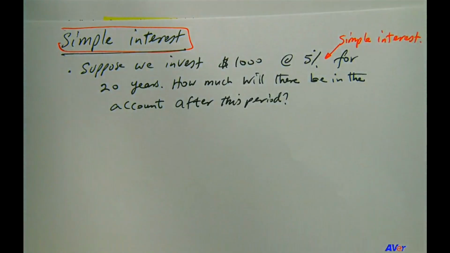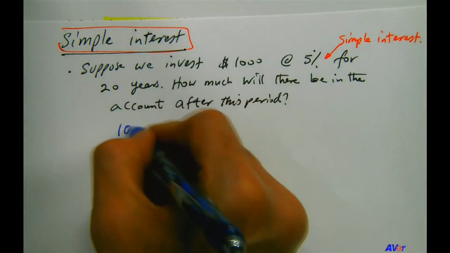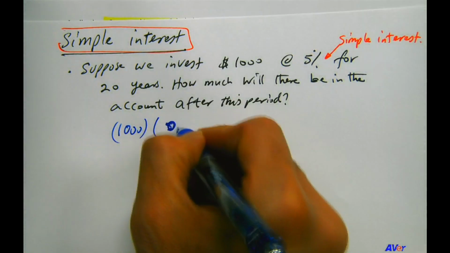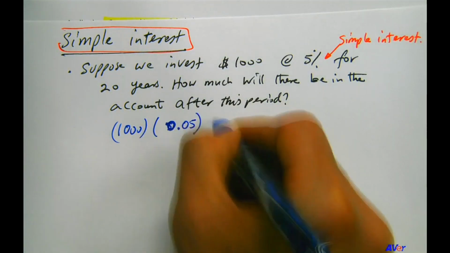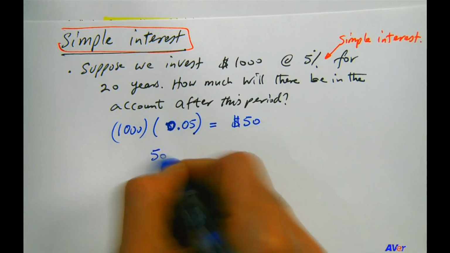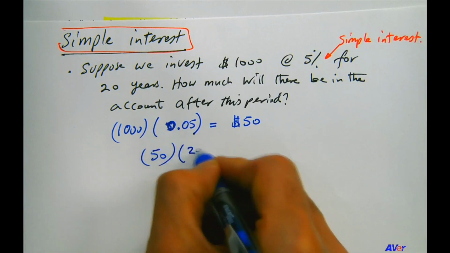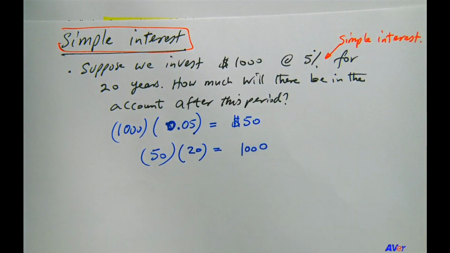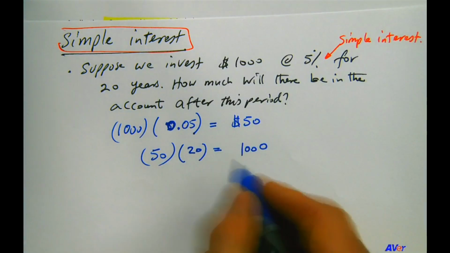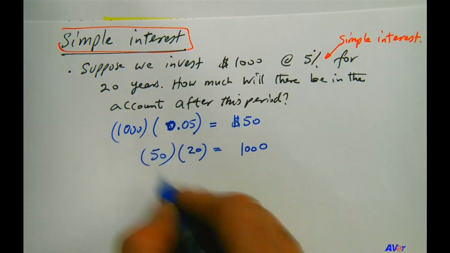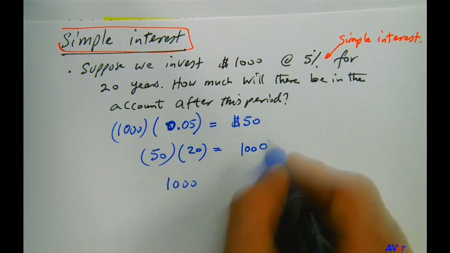Well, the simple interest calculation goes like this. You have $1,000 that you invest at 5%, which is 0.05. So this will be $50. $50 times 20 years. So you'll end up with another $1,000. So at the end of 20 years, you will have your original money, 1,000, and this is the interest.